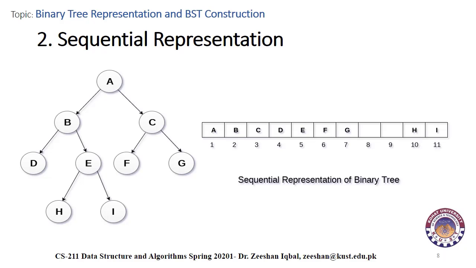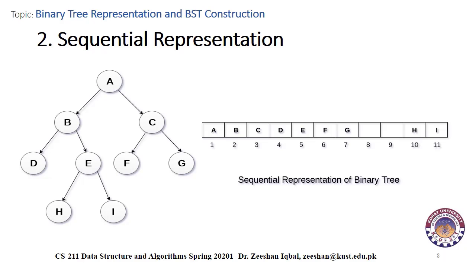Similarly, if we take the example of E, we can see that E is stored at location number 5. So the left child will be stored at 5 multiplied by 2, which is 10. As we can see, H is stored at location number 10, which is the left child of E at location 5. And E's right child will be stored at 5 multiplied by 2 plus 1, which is 11.